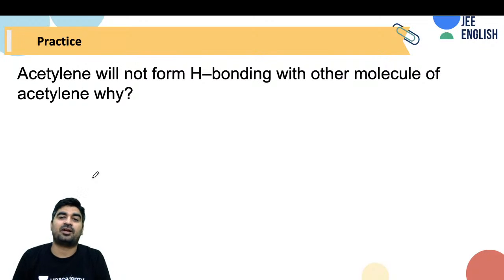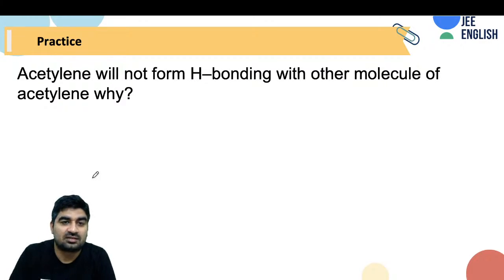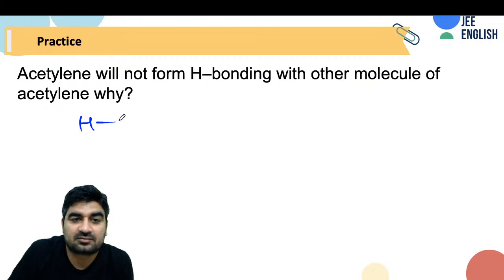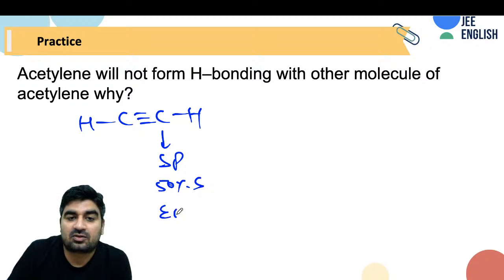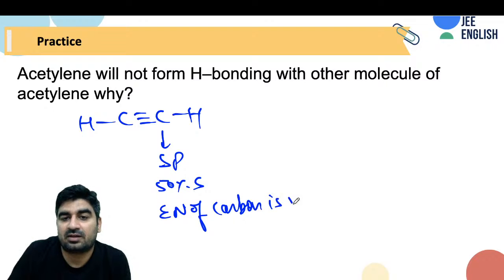Acetylene will not form hydrogen bonding with the other molecule of acetylene. Why? So what is acetylene? In this case it is sp, so 50% s character. So the electronegativity of carbon is very high.